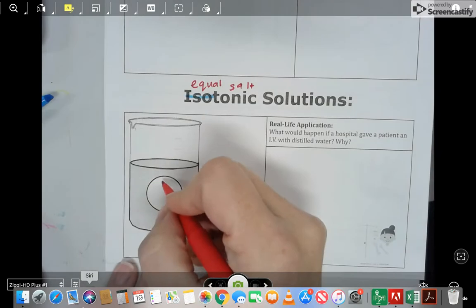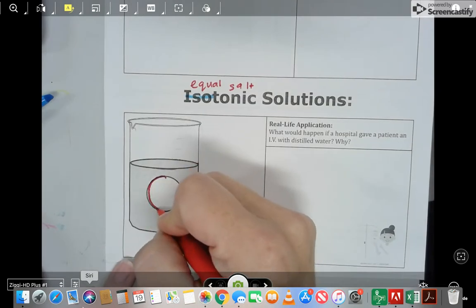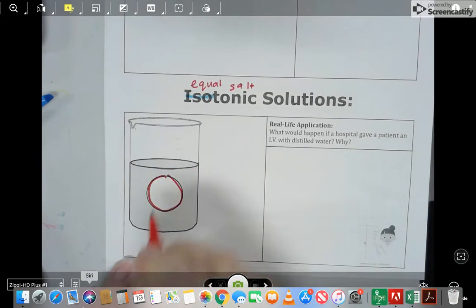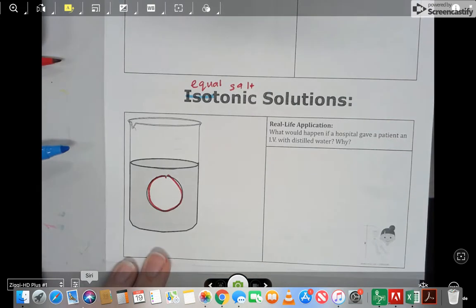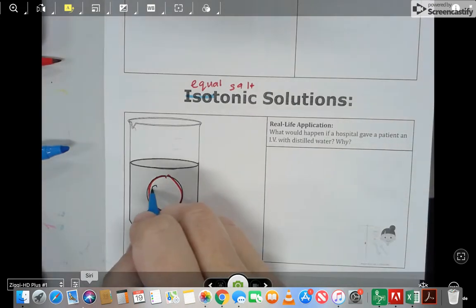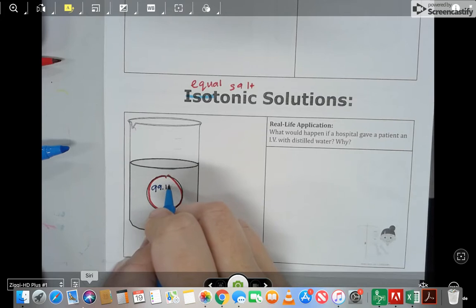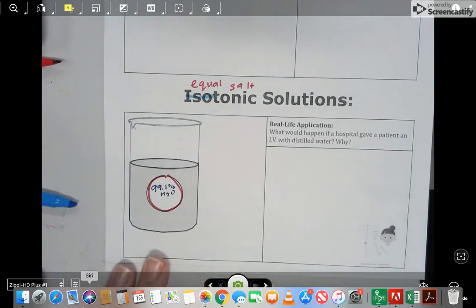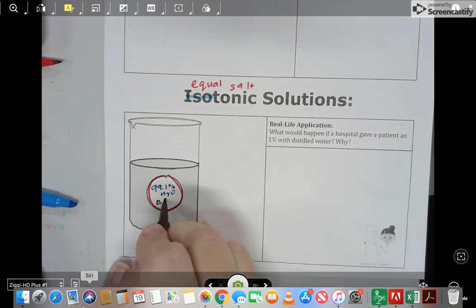So let's go here to our red blood cell. And as we know, red blood cells are 99.1% water, and whatever is not water is salt. So your red blood cells are 0.9% salt.